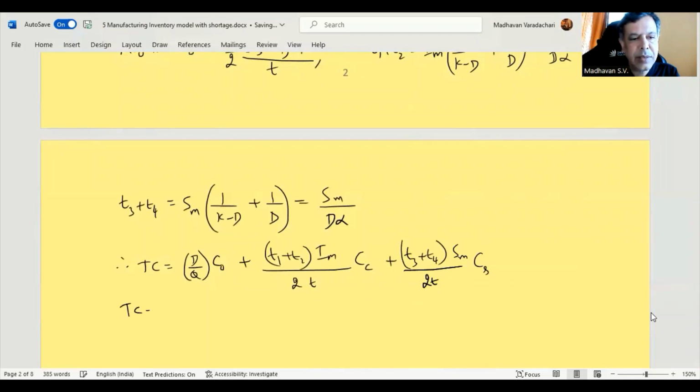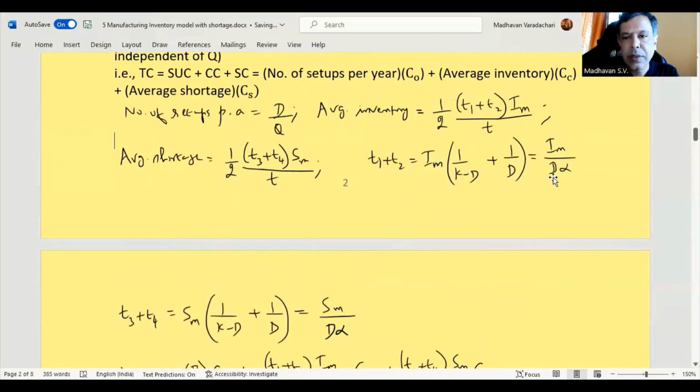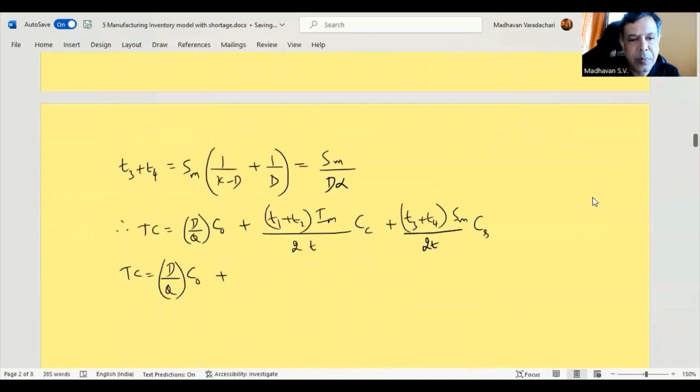So therefore this TC will become D by Q times CO plus, we already have T1 plus T2, which is IM by D alpha. So this becomes IM times Cc divided by 2T D alpha.